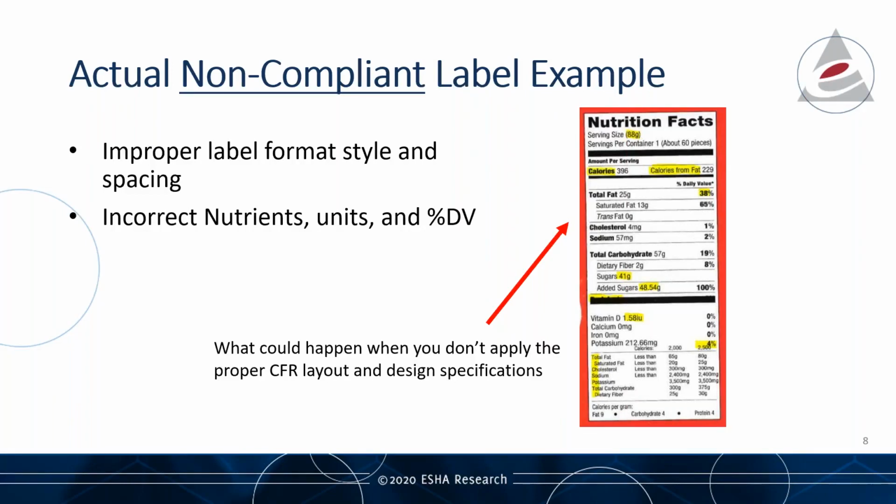A nutrition facts label is more than just a box of numbers, and there are laws that direct the information that must be included. How that information is presented and the allowance of modifications that can be applied, again, are governed by rules that we have in effect. There are many elements and rules that can be missed or misinterpreted, and there are many opportunities in which a nutrition facts label can fall out of compliance.